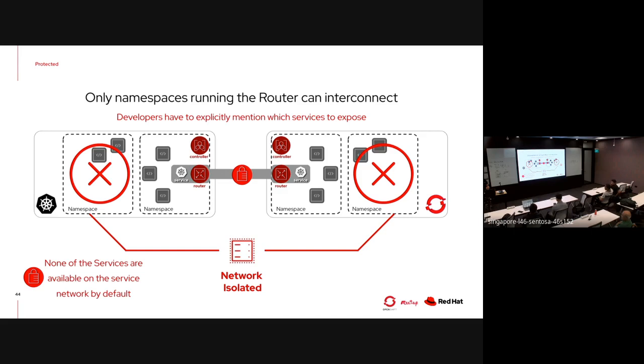How about the performance? How about the network performance? Yeah, the performance is a good question. The reason why there's the Skupper router involved is that it is built on Qpid Dispatch, a high performance router written in the C programming language. So you can imagine that it is able to handle very high workload.